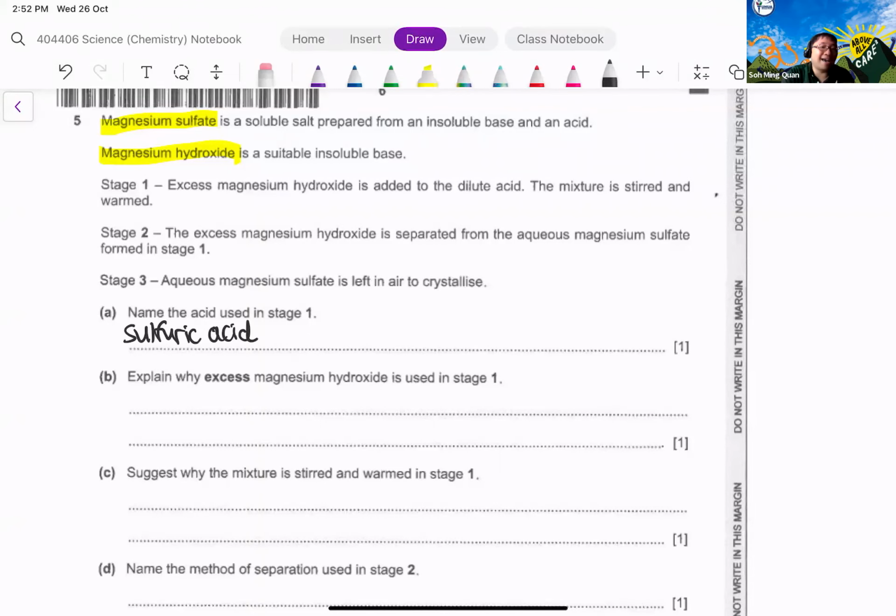Next, explain why excess magnesium hydroxide is used in stage 1. Why do you always add excess solid carbonate, excess solid metal, excess solid base?